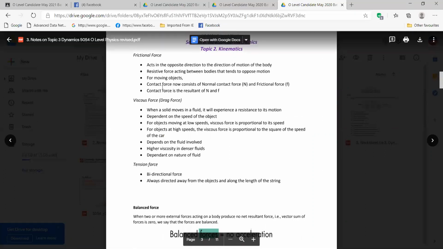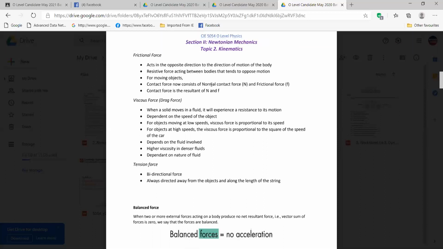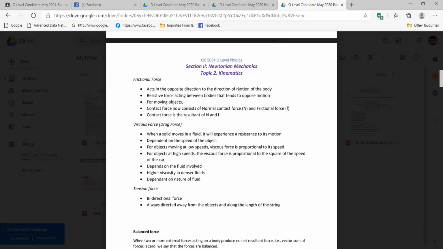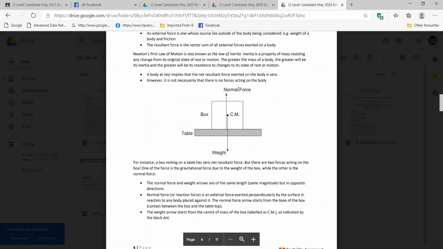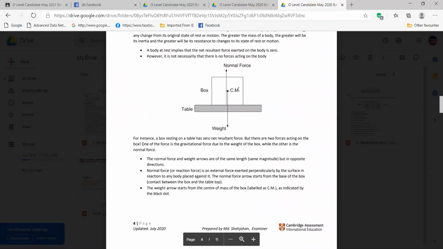It's related to contact force. Contact force consists of normal contact force and frictional force. Contact force is the resultant of N and F. For this one, we have to go here.